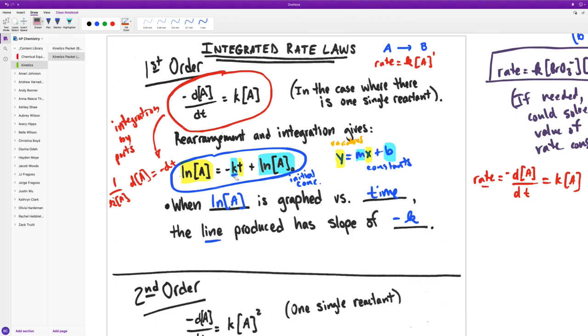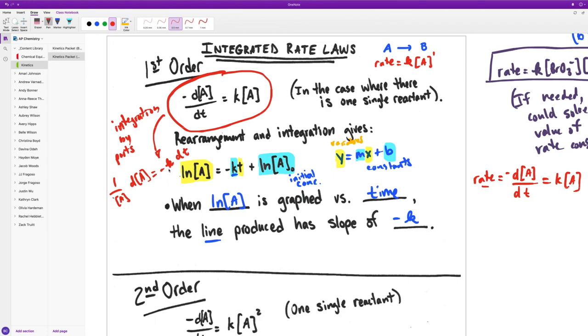So, let's see. You know what I did on my integration by parts? The k should have been over here with the dt. If you're an expert in calculus, you might have noticed that I did that. So we keep negative k, and we integrate negative k with respect to time.